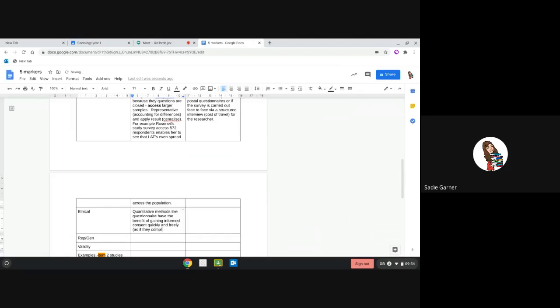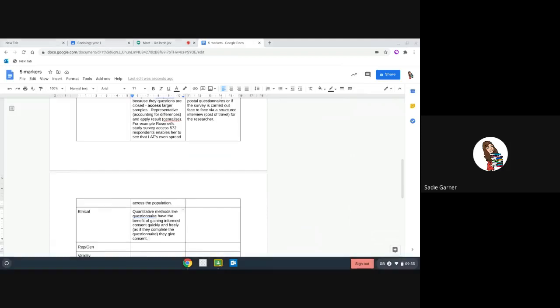If they complete the questionnaire, they give consent. So actually questionnaires are pretty good as a quantitative method because you can gain consent very quickly.